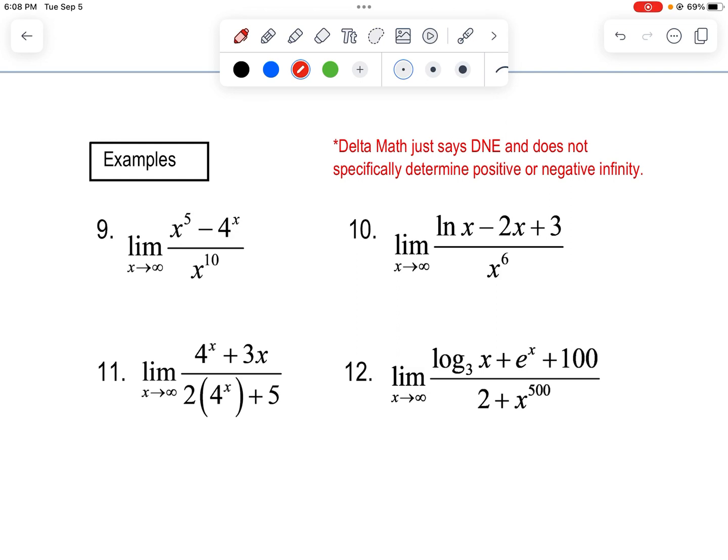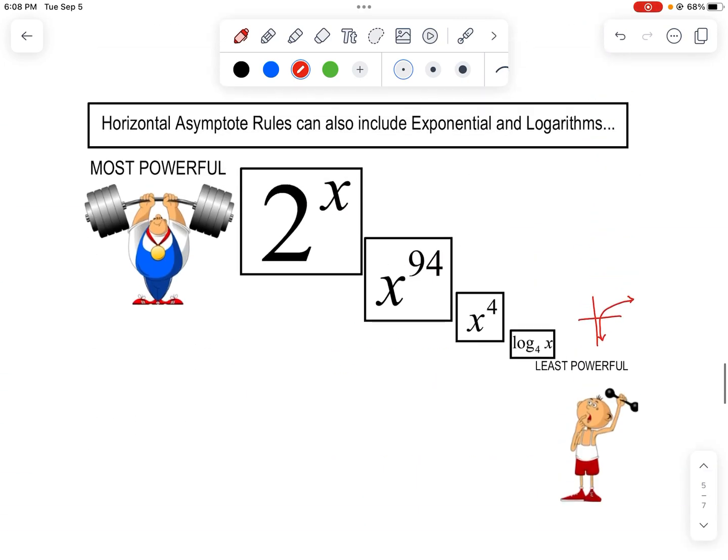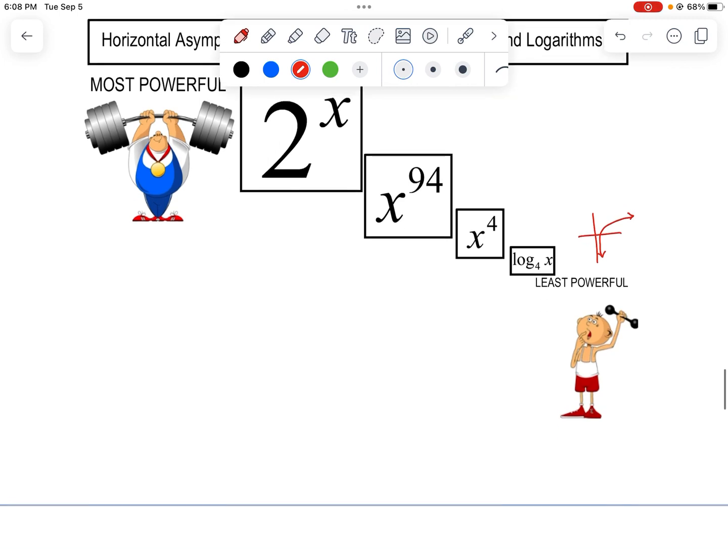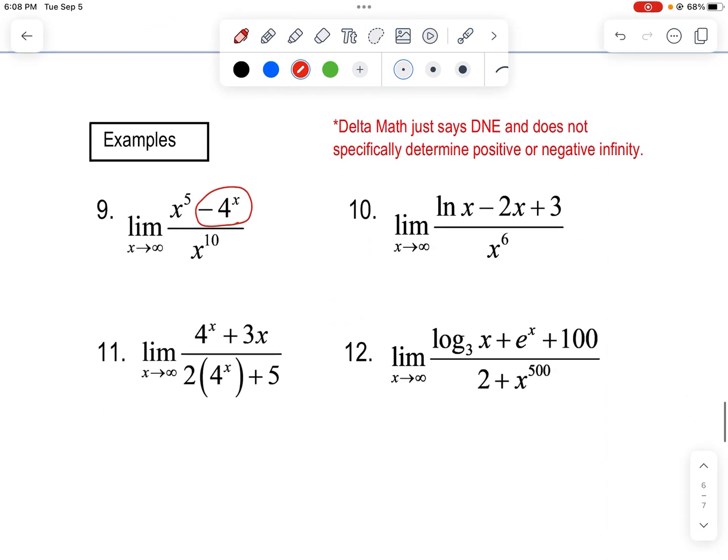Okay, so on number 9, we have the degree on bottom is bigger. However, this negative 4 to the x is more powerful because exponentials are the most powerful functions. They go to infinity or negative infinity faster. So they determine where this graph is going.